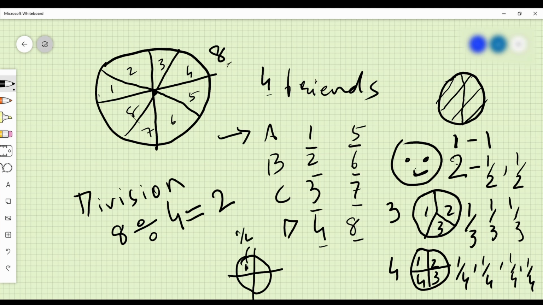So what we exactly did is we divided the whole thing by some number to make equal parts of it.